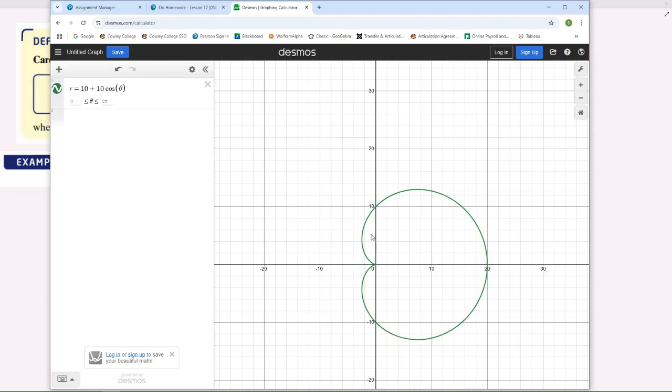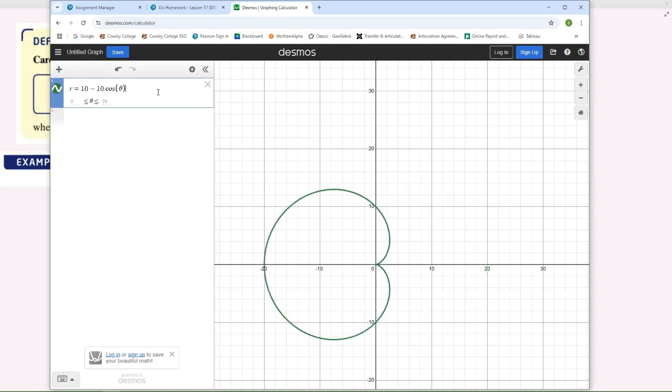Now, if I want to flip this around the y-axis here, all I have to do is change this from plus to minus. Okay, so it's following the direction, and because it's cosine, the action takes place on the x-axis.